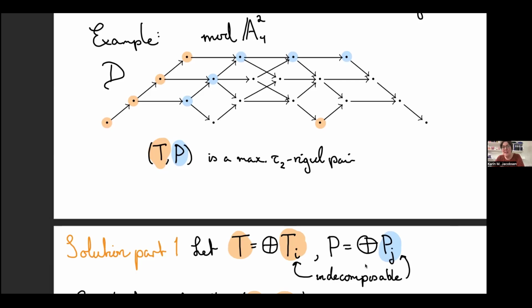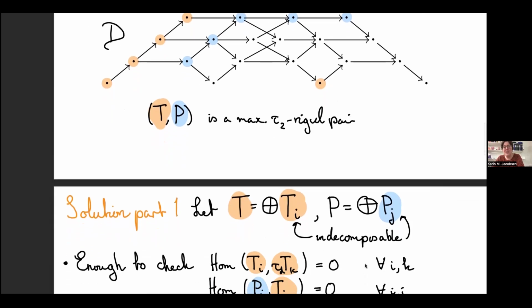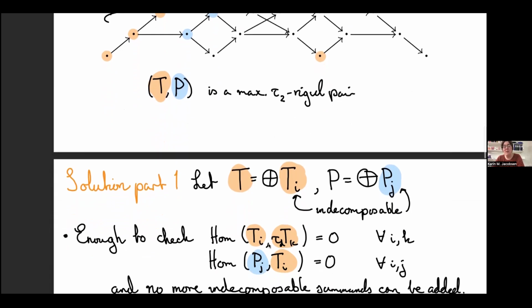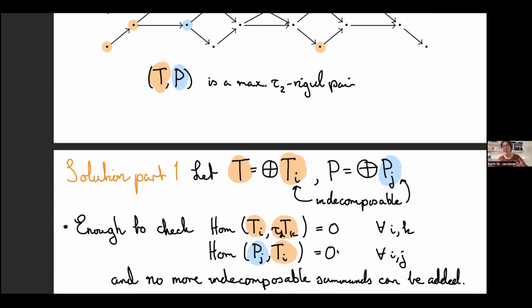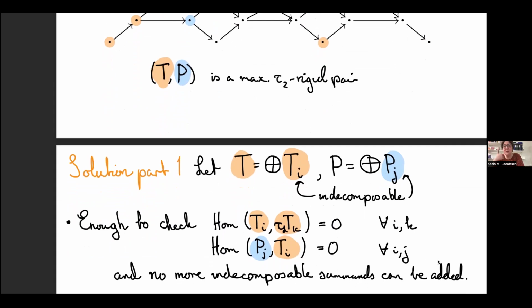It turns out we can translate the criteria for being a maximal tau d rigid pair to just holding for pairs of summands from T and P. And if you then make sure that you can't add any other indecomposable summands and still have a tau d rigid pair, then you're actually maximal. This doesn't hold in general, but it holds in this case because it's a nice enough category. So that's one component. I just need to look at indecomposables.